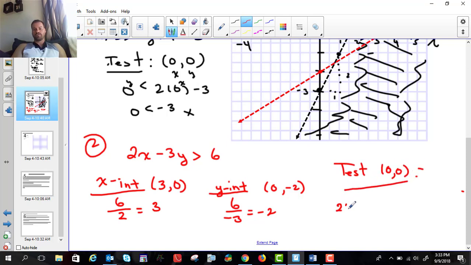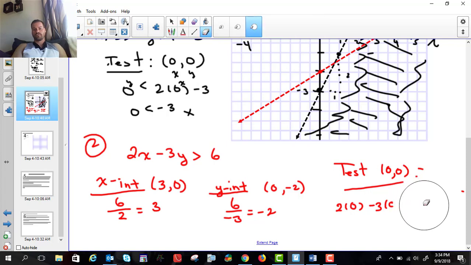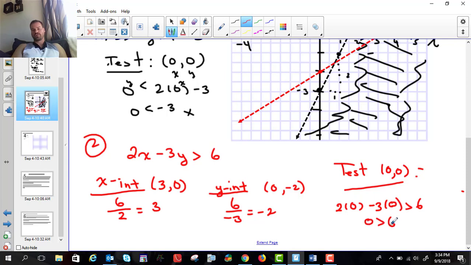So 2 times 0 minus 3 times 0 is greater than 6. All right, so that means that 0 is greater than 6, and we say that's not true. So we say no, that's not true, which means this is where we're going to shade.